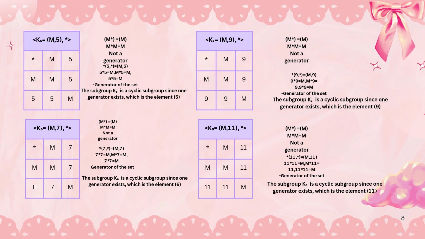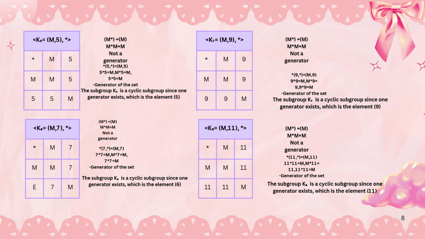While here on case 6, the generator of this set is 7. Therefore, this subgroup is a cyclic subgroup since one generator exists, which is the element 7. Now, let's proceed to case 7, where 9 is the generator of the set, and this subgroup is also a cyclic subgroup since one generator exists, which is the element 9.